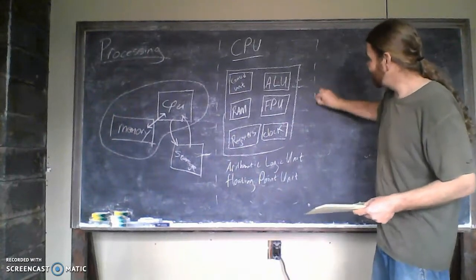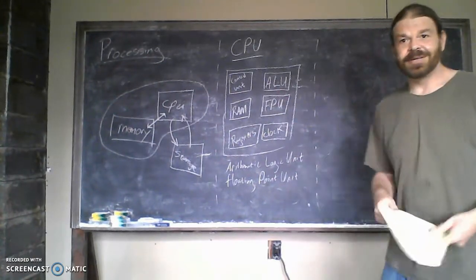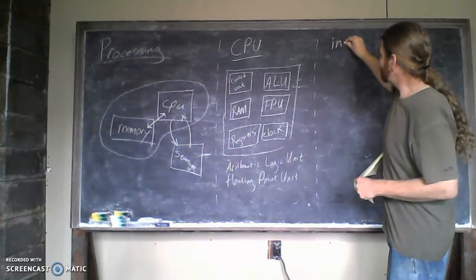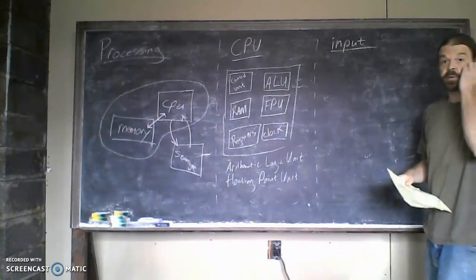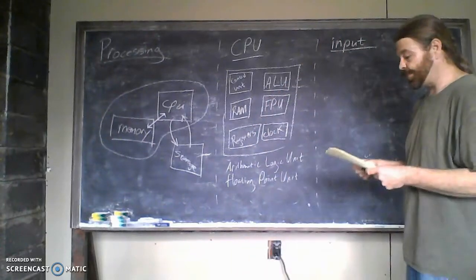So that's the parts. You might want to go a little bit further and look at how they interact. So the quick starting picture I draw for this, I'm going to start with input, kind of like that big picture we had a moment ago. Have some sort of input.